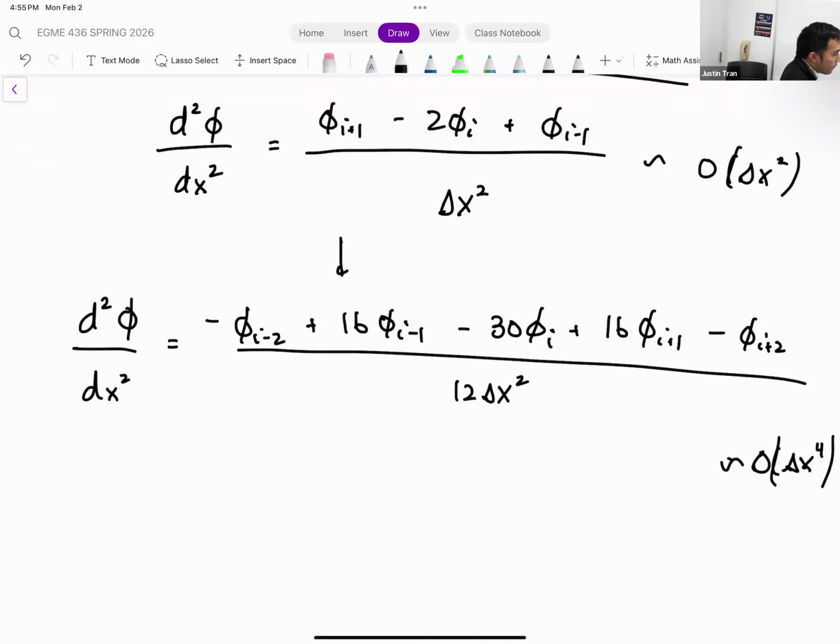But of course, the downside for this scheme is that you do have to bring in not only your left and right neighbor, but your neighbor's neighbor as well. So that's why we have phi minus 2, phi plus 2. So instead of only involving 3 nodes, this scheme involves 5 nodes.